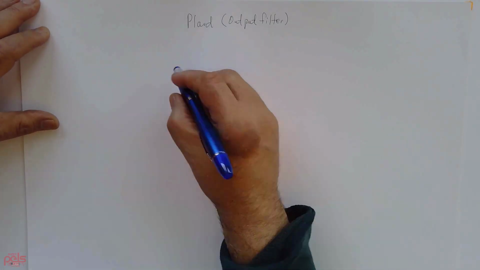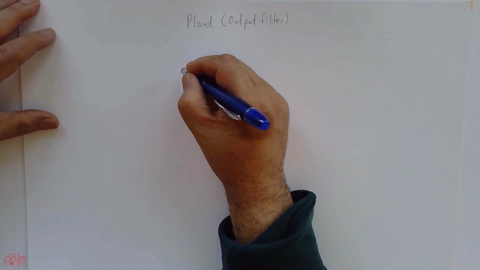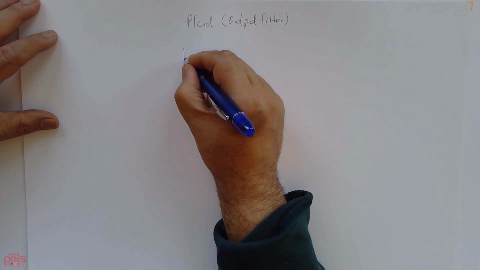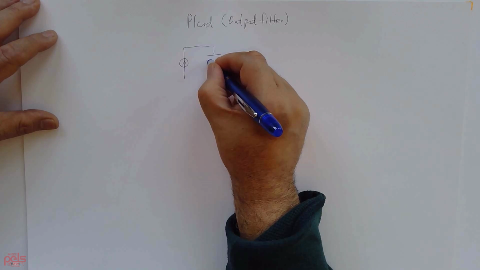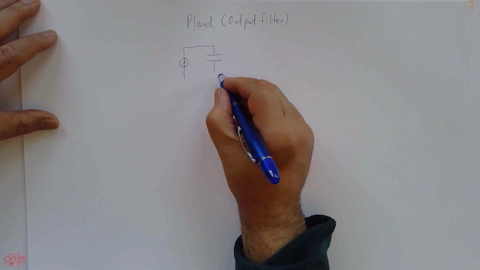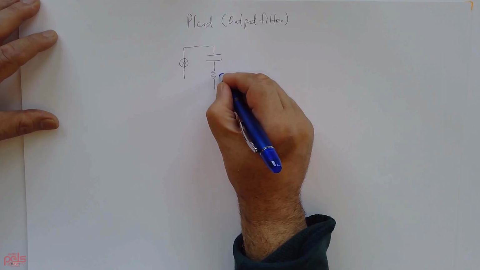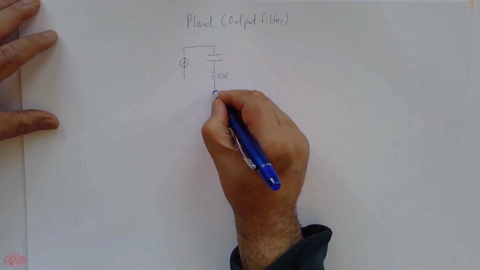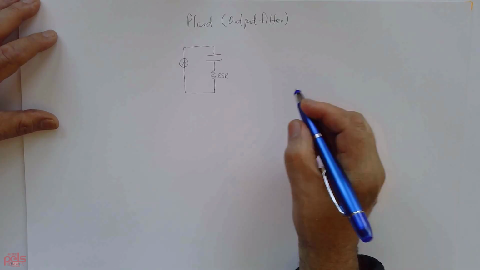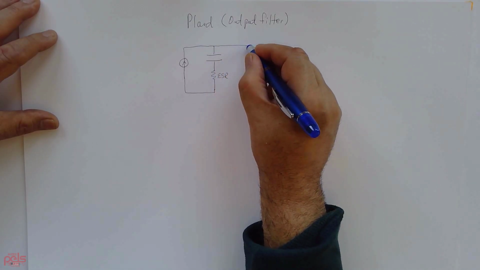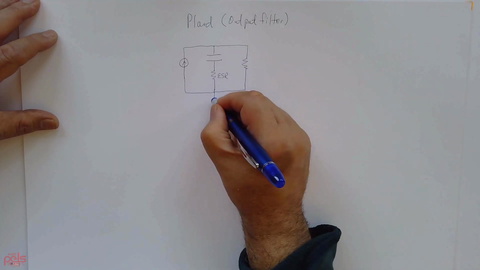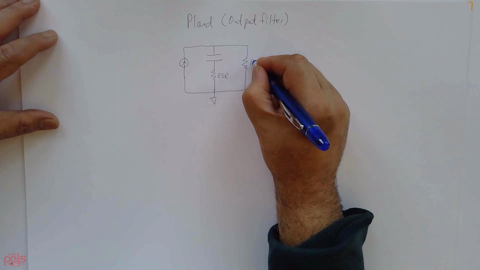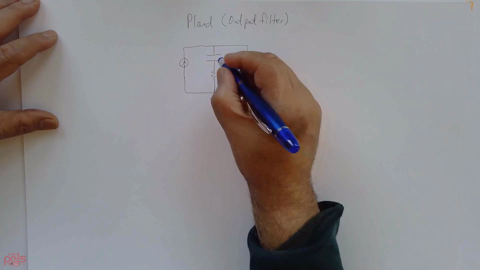Since we're using current mode, we can draw the current source, and then you draw your capacitor, then your ESR, and then your R load, and then we put a ground here.